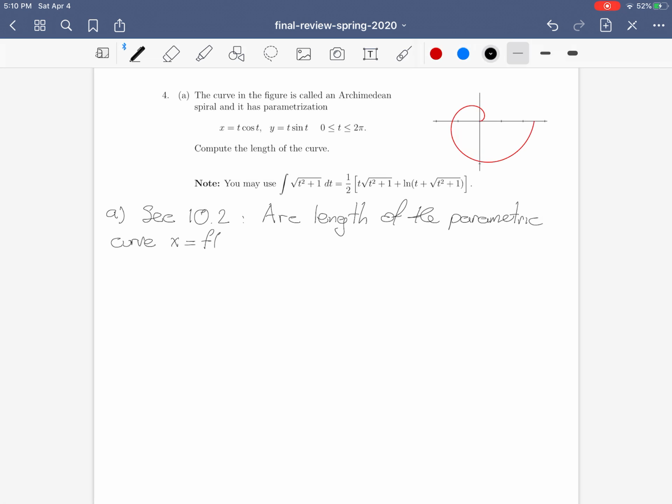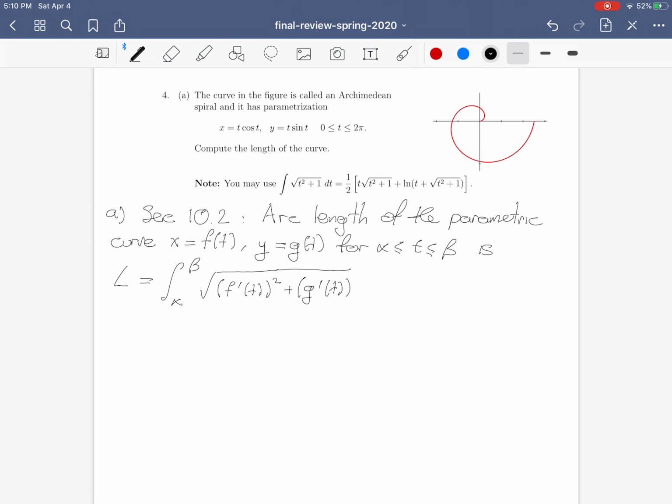So a parametric curve has the general formula x equals f of t, y equals g of t. And suppose the parametric curve is defined for t between alpha and beta. Then the formula for its arc length is that L is equal to the integral from alpha to beta of the square root of f prime of t all squared plus g prime of t all squared dt.